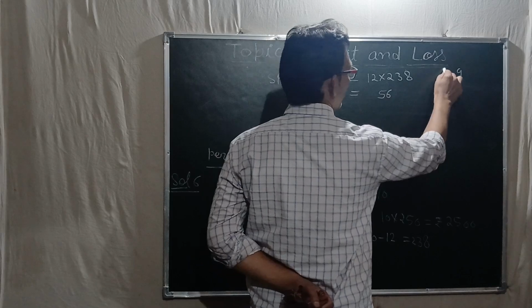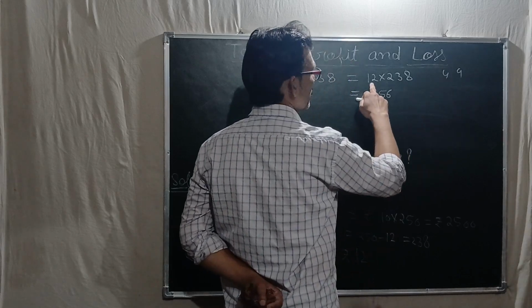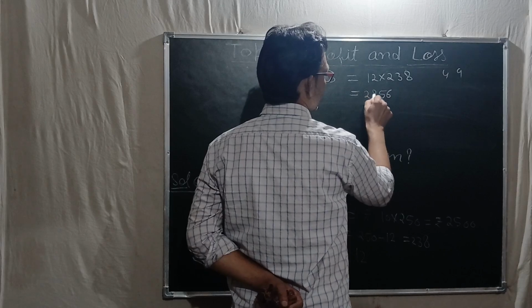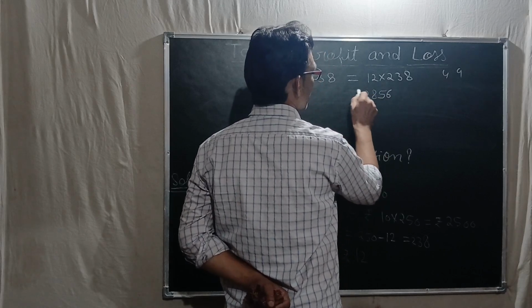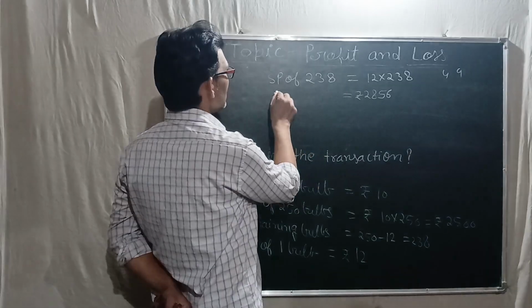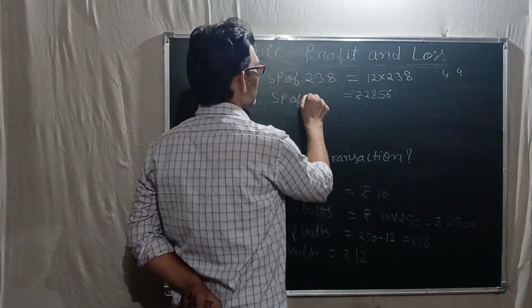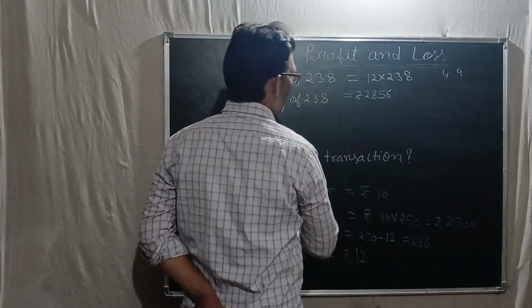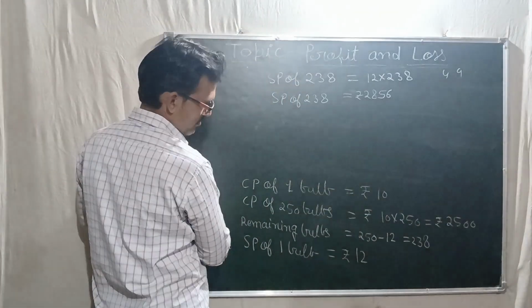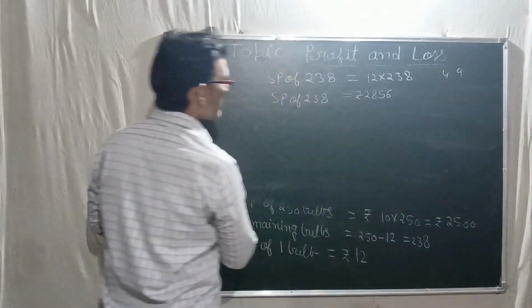I will write 5, 4 will carry. 12 times 2 is 24 and 4 is 28. It will be rupees 2856. This is the selling price of 238 bulbs.